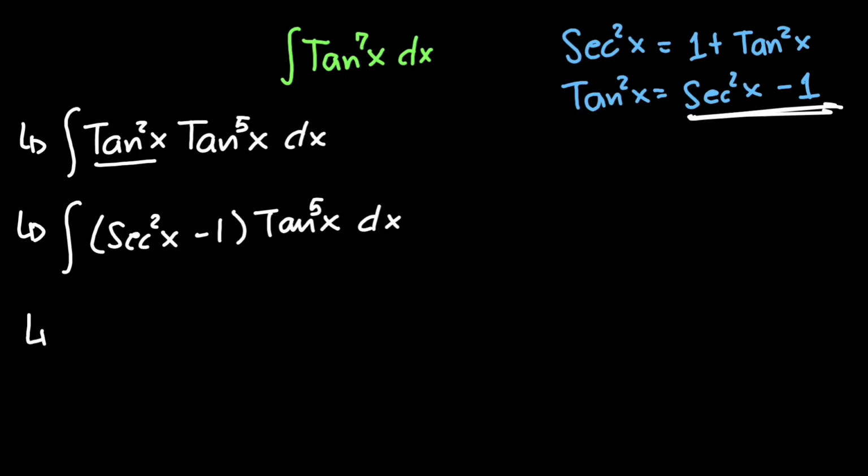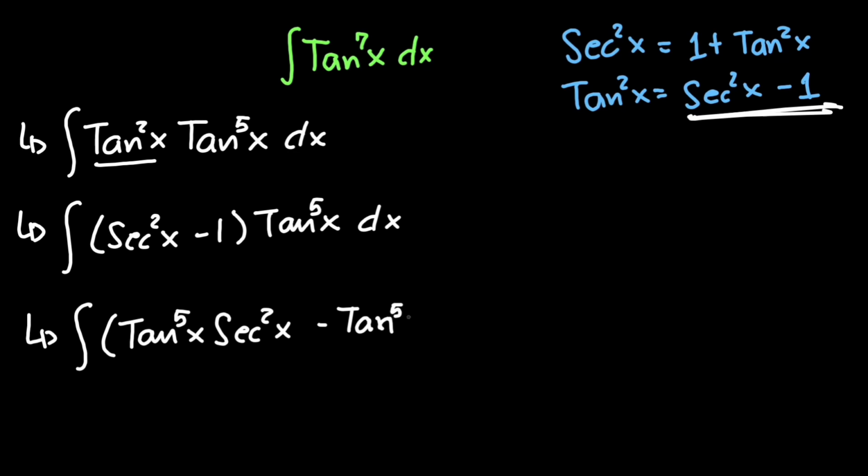And so multiply tangent to the power 5 of x by this. So this would be the integral of tangent to the power 5 multiplied by secant squared of x minus tangent to the power 5 of x dx.